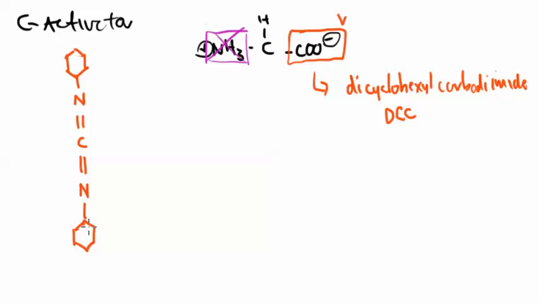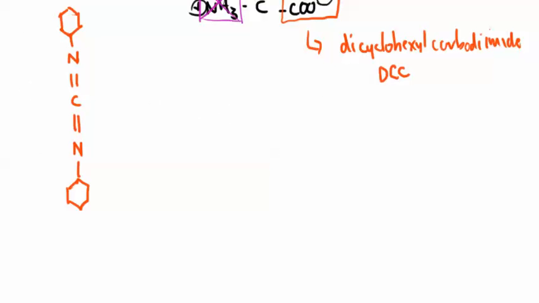So what would happen here? Let's say that I had two amino acids. Glycine is one of them and alanine is the other. And let's say that I want to make sure that this hooks up glycine first, alanine second. So what would happen is that I would take a solution of glycine and I would add my N protecting group on it.